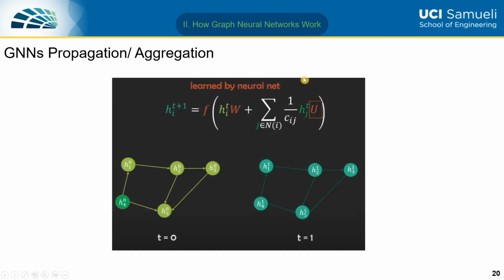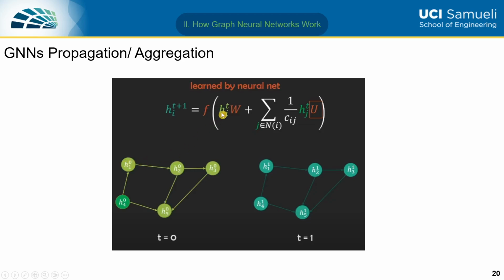And then another perspective is a mathematical perspective, where this is the graph. You have h_i of t plus one, so the next step of h, the node itself, equals a learnable function. Inside the function, you have the node itself, right?